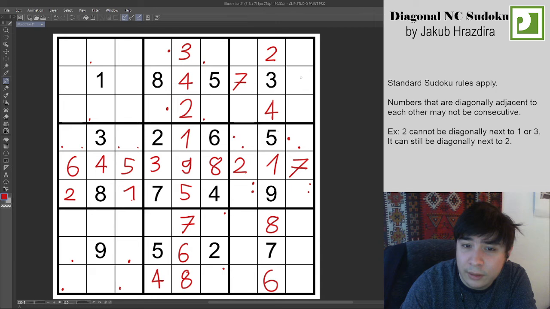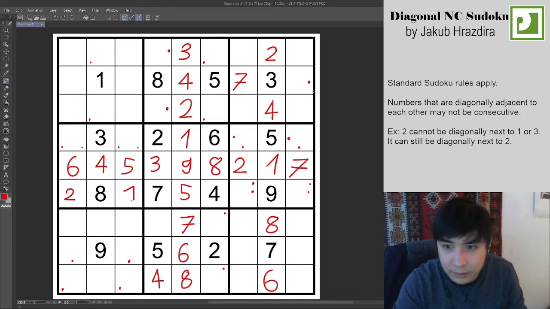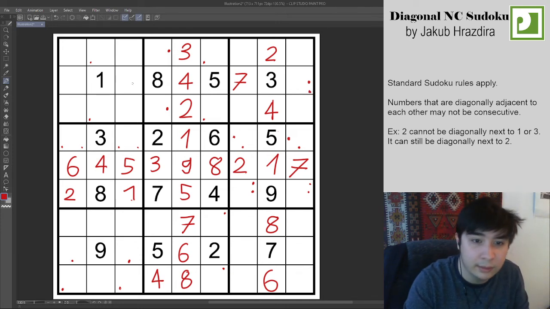This cell here now, it can't be anything from 1 to 5 through just regular Sudoku as well. It can't be 7 or 8. It's got to be one of 6 or 9. Yeah, this row is 6, 7, 9. So this is 7, 9. This can still be 6, 7, or 9.